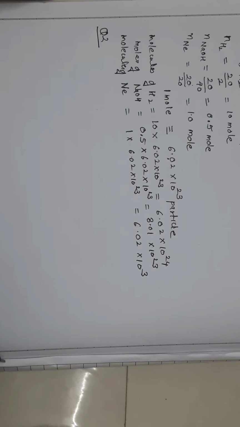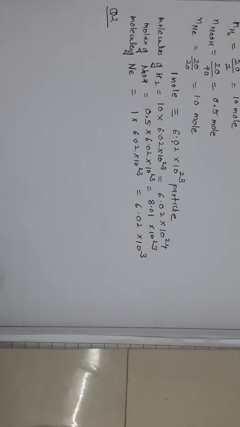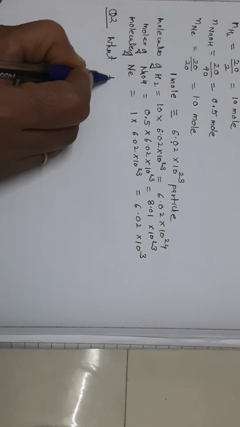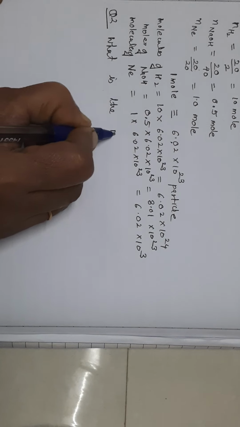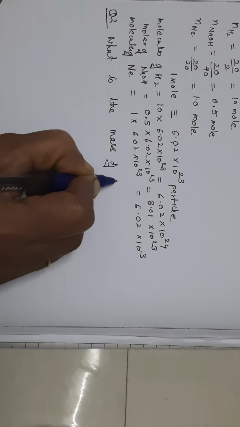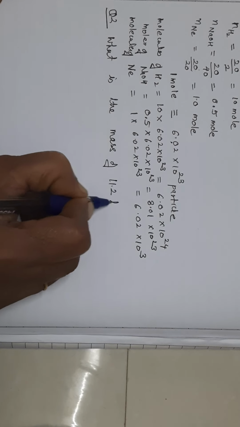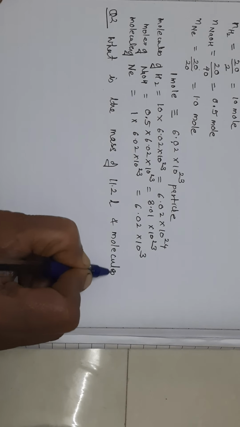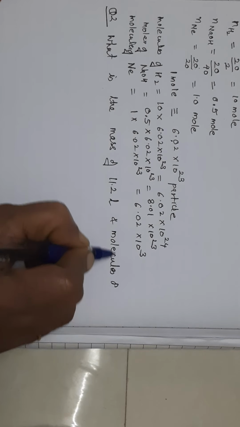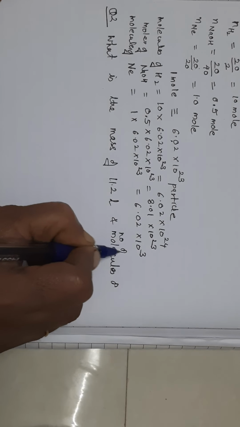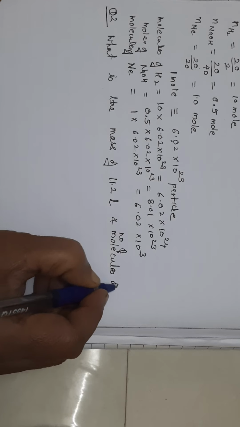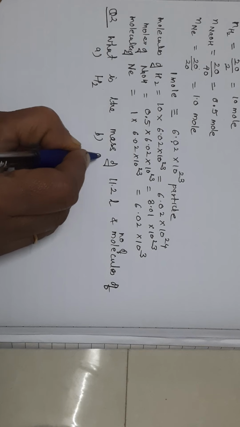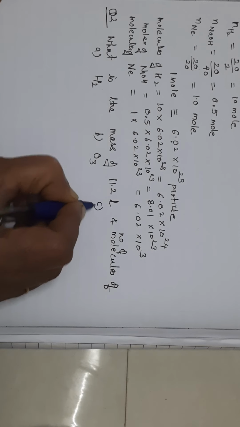The next question is: what is the mass and number of molecules of 11.2 liters of A. hydrogen, B. ozone, C. nitrogen.